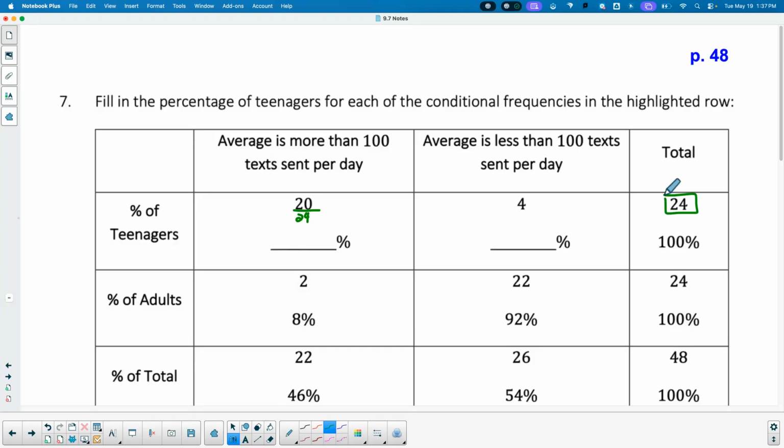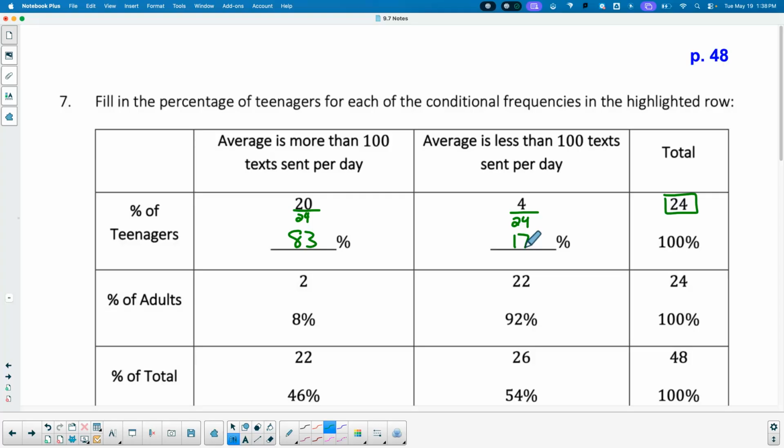Okay? So this would be 83%. I'm going to take 4 here and divide it by 24. Should get 17%, right? These two numbers should still add up to 100, because we're dealing with a relative frequency of the row table.